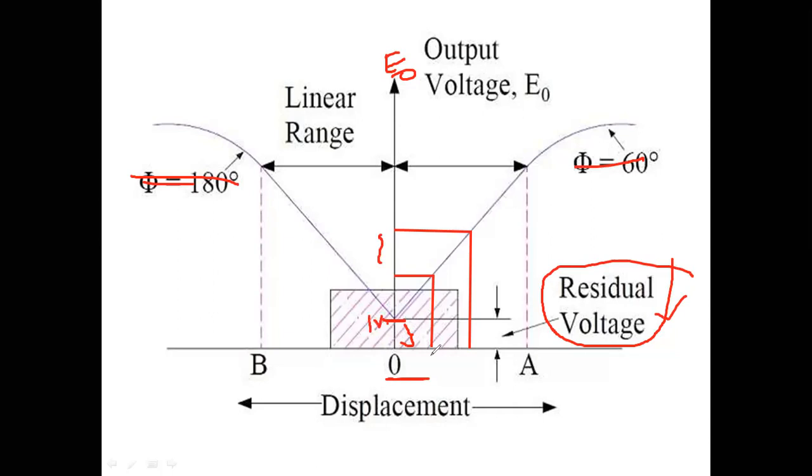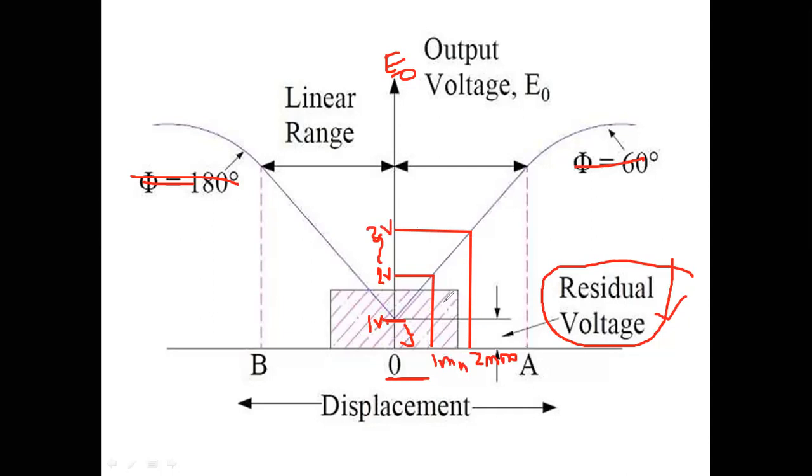If I give 1 mm as input, it should show 1 volt, but it is now showing 2 volts. Why? Because there is an error of 1 volt. If I'm giving 2 mm as input, I am getting 3 volts as output, but I have to get 2 volts only.